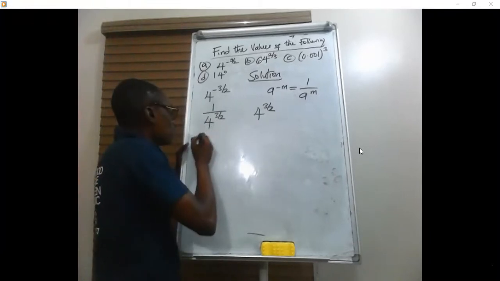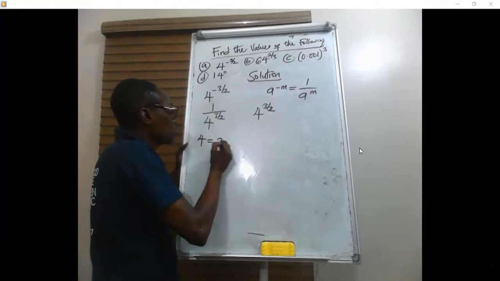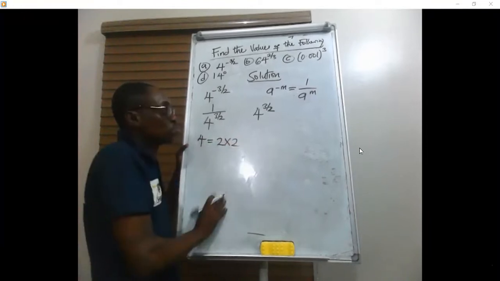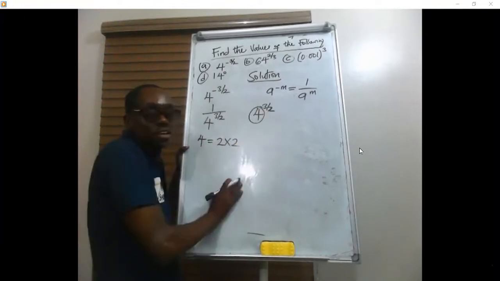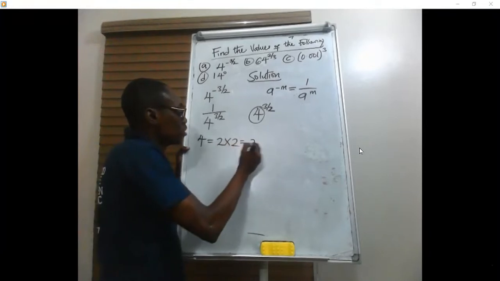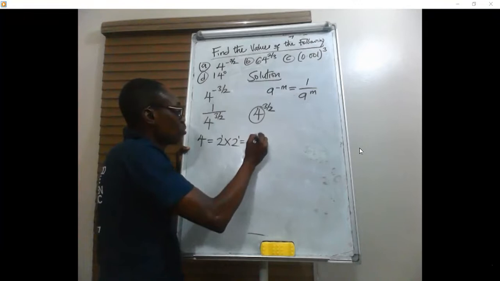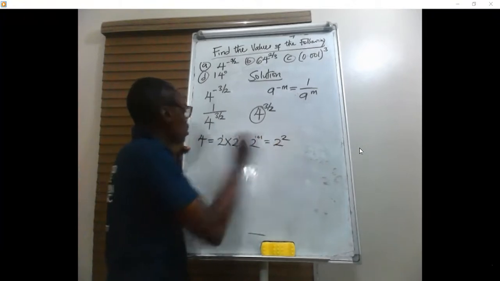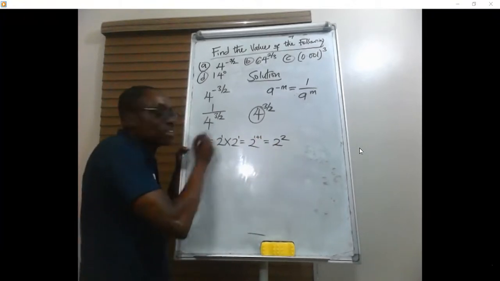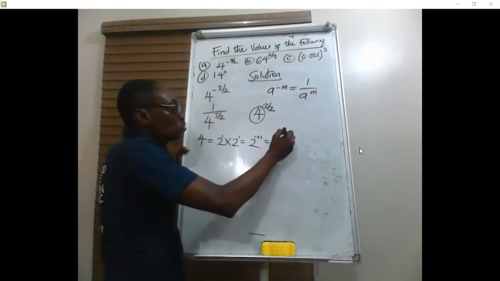Now, 4 is the same thing as 2 times 2, which is 2 raised to power 1 plus 1, which is 2 raised to power 2. So 4 can be written as 2 raised to power 2.